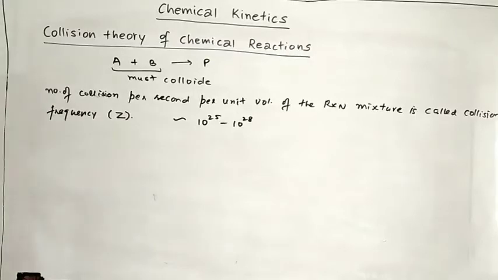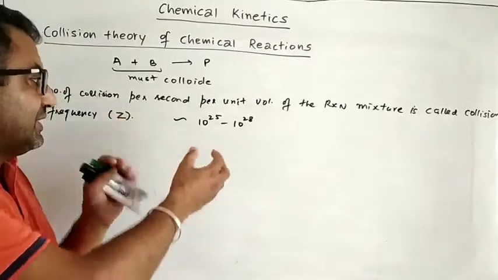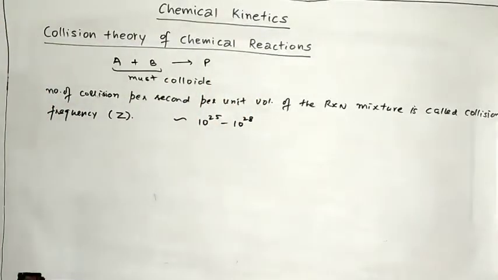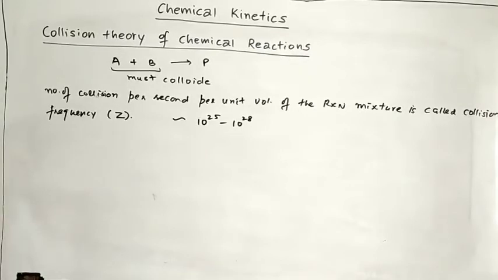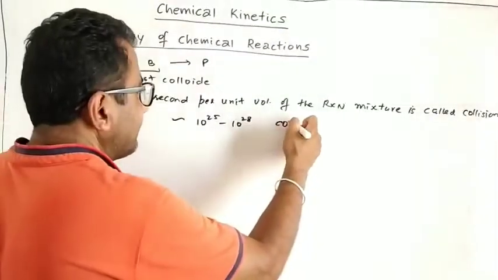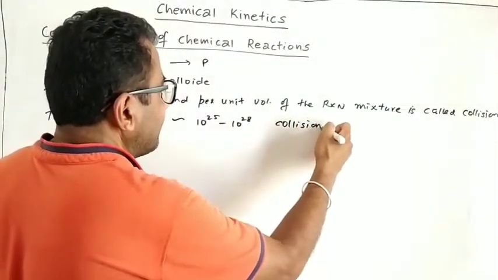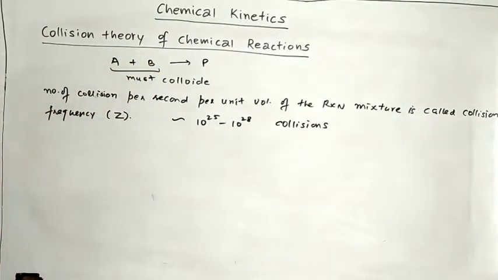अगर इतनी ज़्यादा collision frequency है, इतनी ज़्यादा collisions हो रही हैं continuously 10^25 to 10^28 per second, तो इसका मतलब है reaction that should be very fast. But actual में जब हम observe करते हैं तो reaction जो है वो उतनी fast नहीं होती. इसका मतलब ये हुआ कि जितनी भी collisions हो रही हैं वो सारी की सारी collisions से product नहीं बनता.